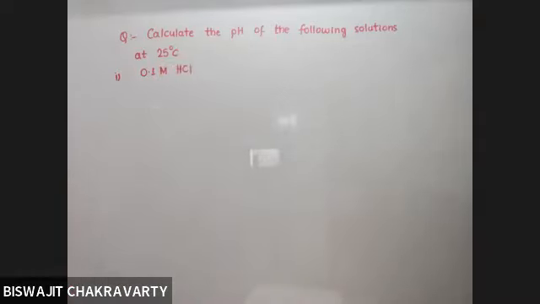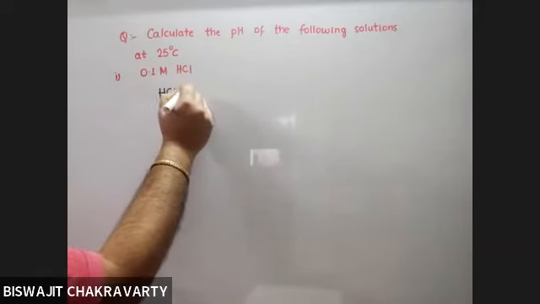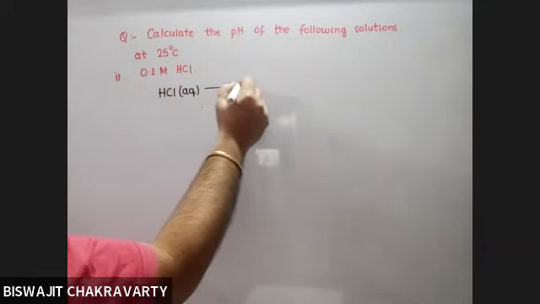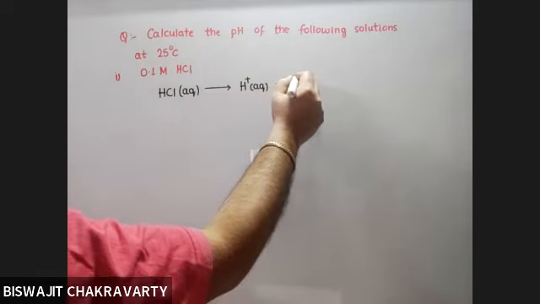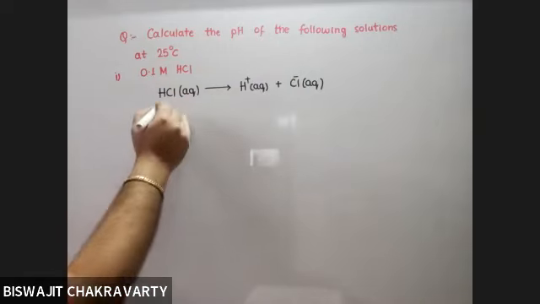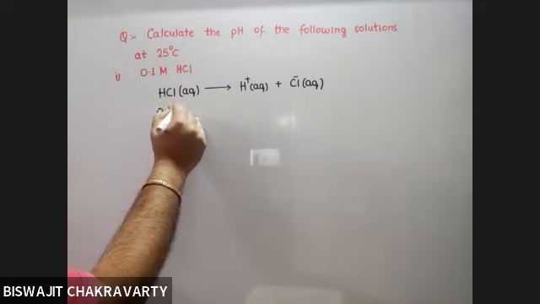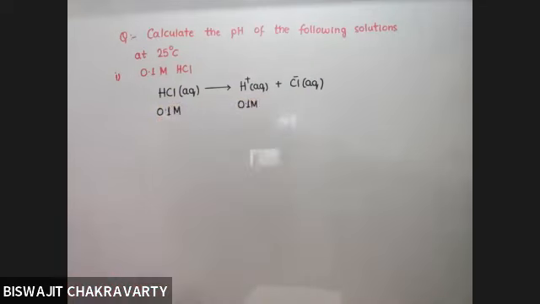So as usual, we will break it down. HCl aqueous gives H plus aqueous plus Cl minus aqueous. If this is 0.1 molar, then this is also 0.1 molar. We are not concerned about Cl minus, which is also 0.1 molar. Cl minus has nothing to do with pH.